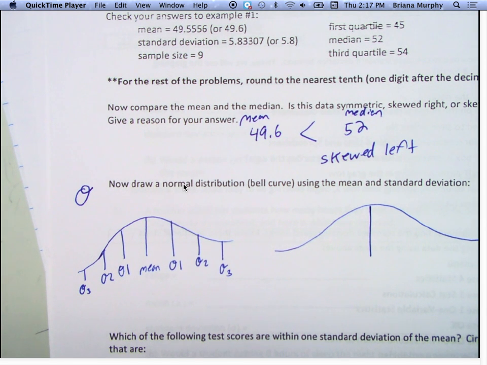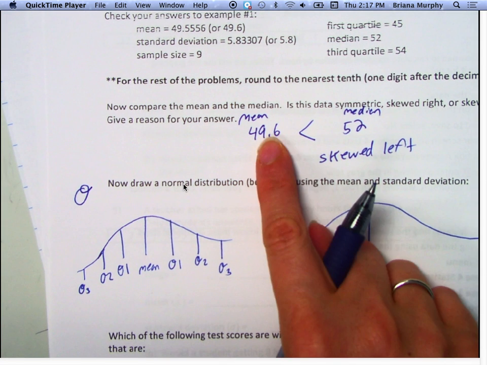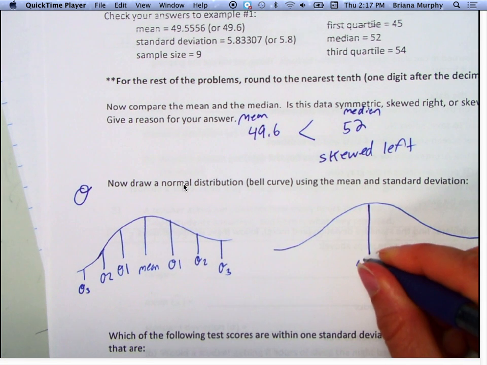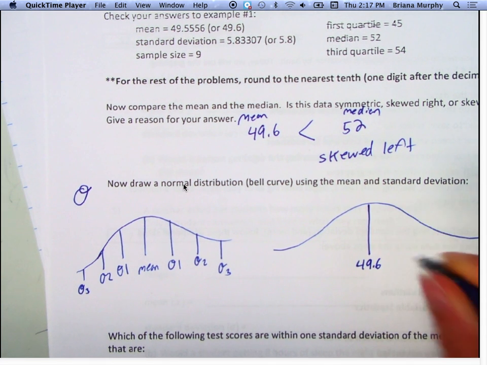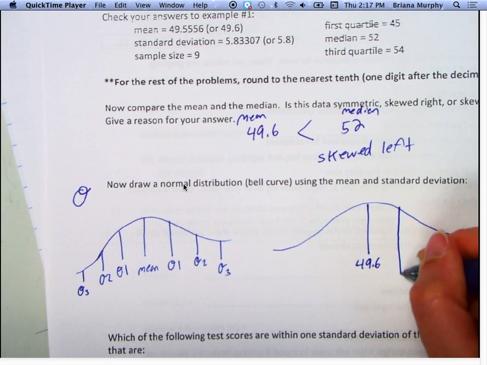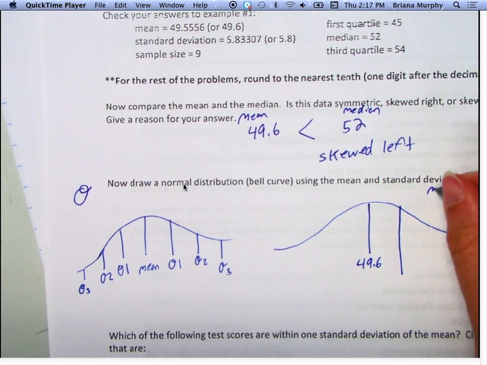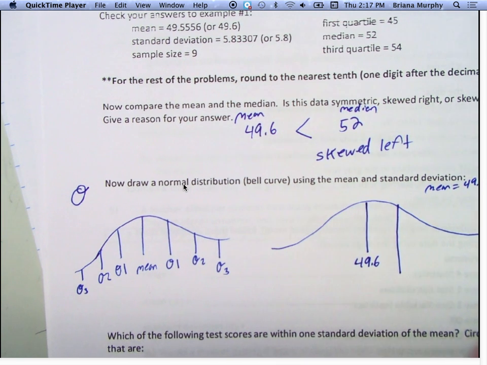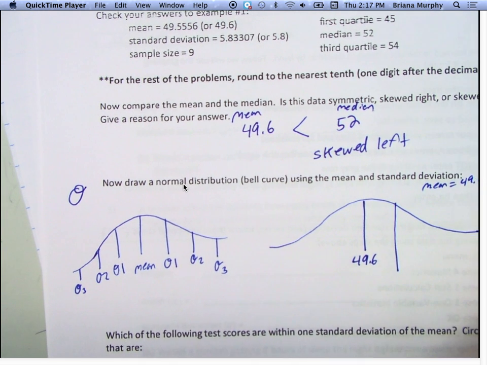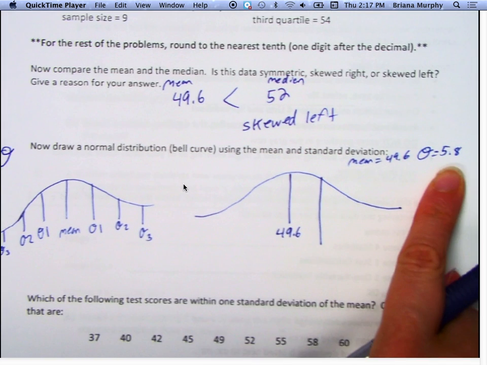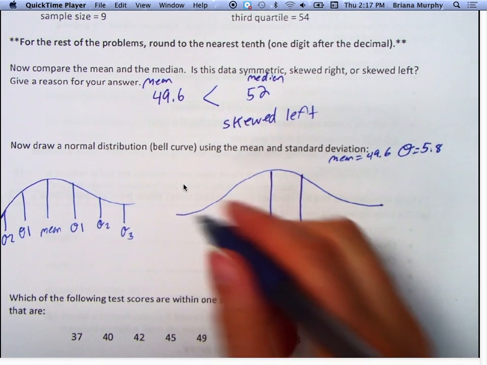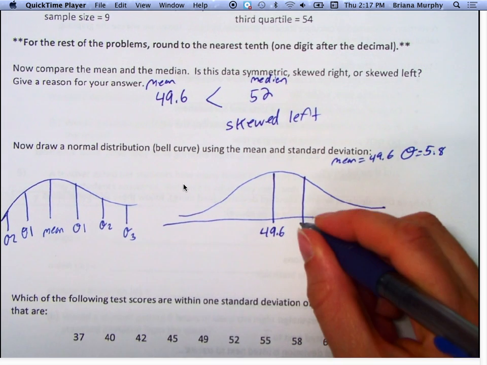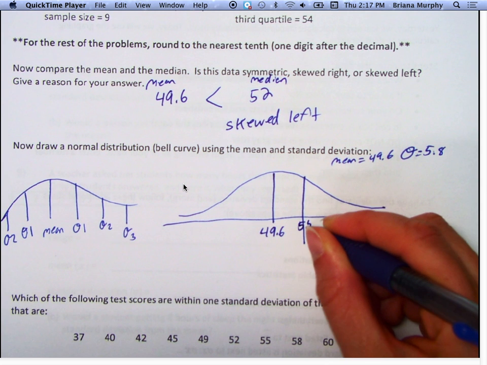Okay, what is the mean that I'm given above here? Mean equals 49.6. What's the standard deviation? 5.8. So, 49.6 plus 5.8 is what? 55.4.